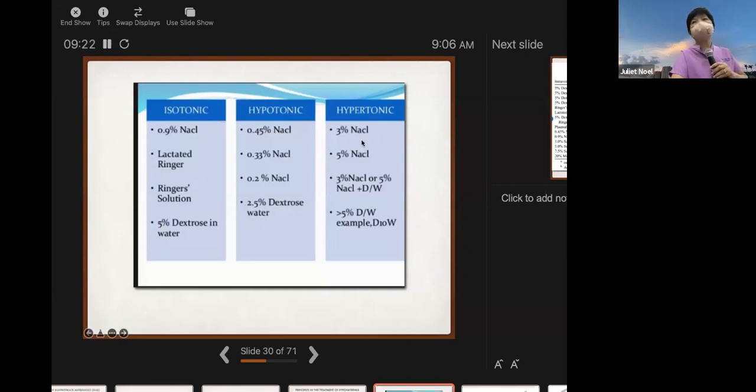Hypertonic, you have the 3% sodium chloride, or 5% sodium chloride, and D5 water. D5-containing solutions like the D10, the 10% dextrose, could be considered hypertonic.